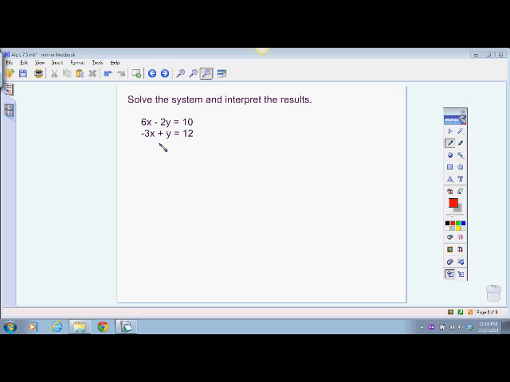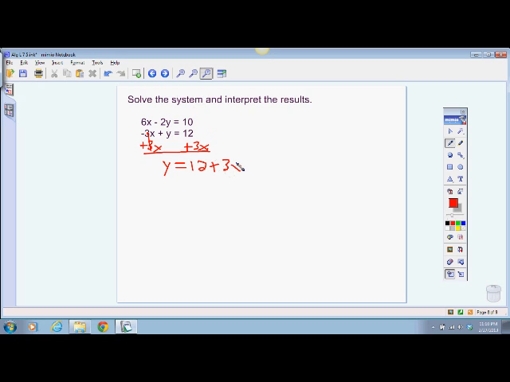The reason I'm thinking substitution right now is because we have this y here all by itself. And remember, we've talked in the past about if you have a y or an x by itself, it's easy to solve for. All we'd have to do is add a 3x to each side. This cancels out, and I'm left with y equals 12 plus 3x.